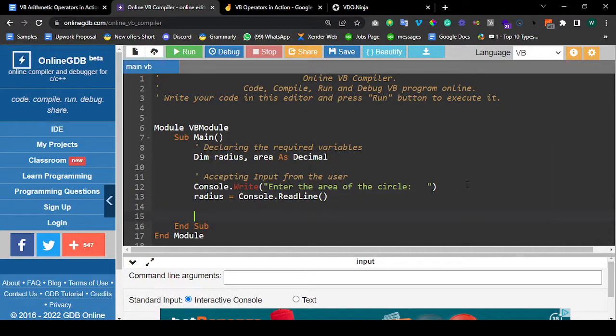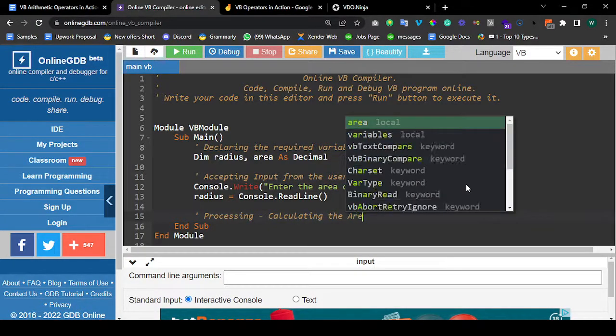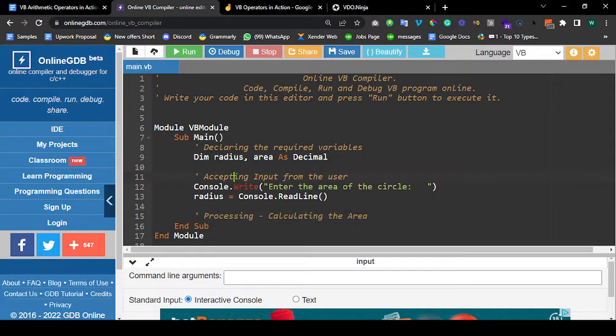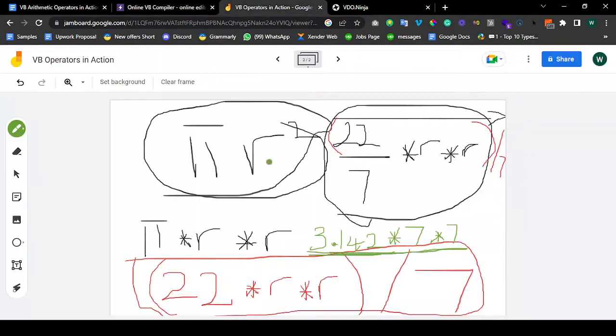Then after accepting the input, the next thing I want to do is the processing, or calculating the area. So basically, area equals, come back here. Don't forget, this is the formula that we're going to be using.